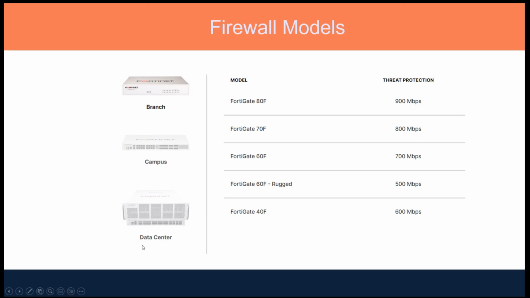You can apply this firewall in a branch office, on the campus, or in the data center. If you want to protect your branch traffic, you can go with the FortiGate 80F, which has a capability of 900 Mbps. You can go for a campus firewall, and similarly for a data center firewall.